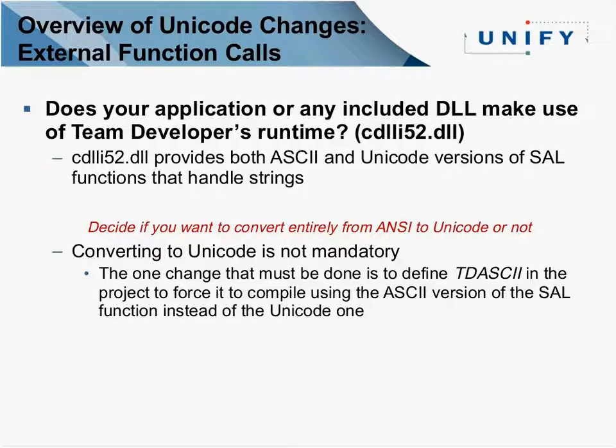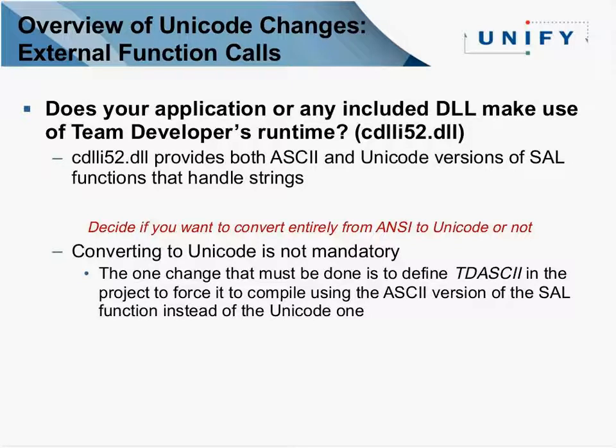You have an option. But if you decide to stay on ASCII and call our ASCII versions of our SQL internal functions, there's one step that you need to do because by default, we are Unicode. So if you decide that you want to still use the ANSI call to those internal SQL functions in the runtime DLL, there's one change that you must do, and that is to go into your C project that defines the calls to those SQL functions and define a macro called TD_ASCII in the project to force it to compile using the ASCII version of the SQL function instead of the Unicode one.